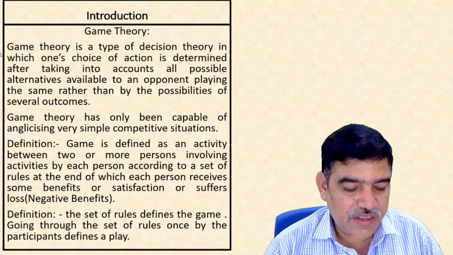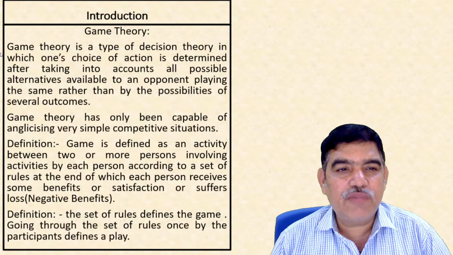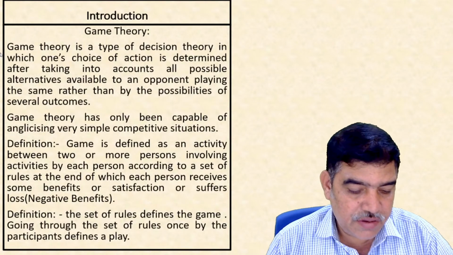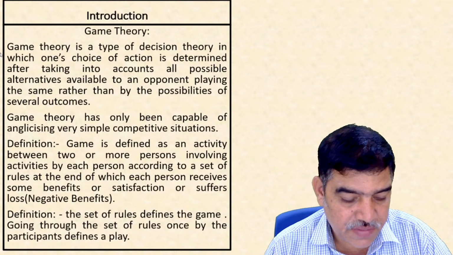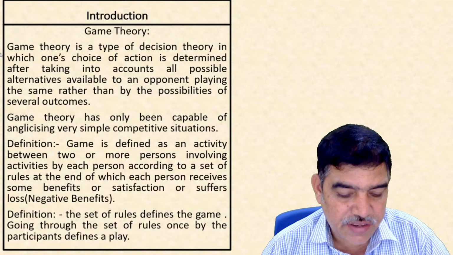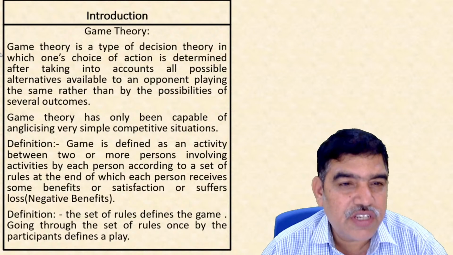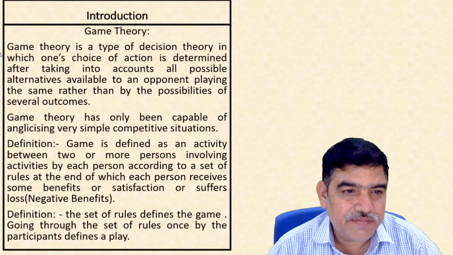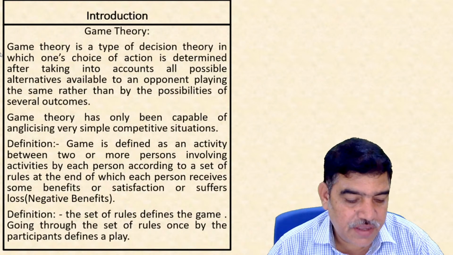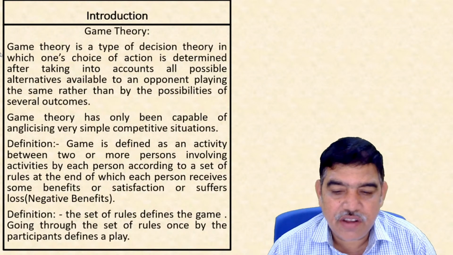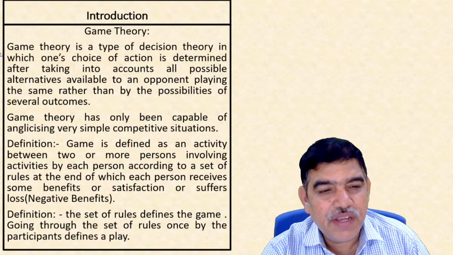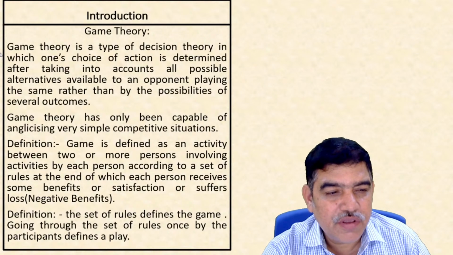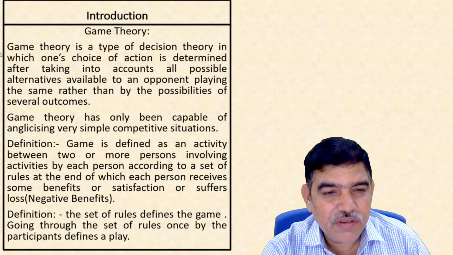Game theory is nothing but a mathematical model used by the player for the decision making process, or it is a tool and technique used by the player to understand the strategies of the competitor. Then the term player means the player may be an individual or a group of members or persons or institutions or companies, etc.